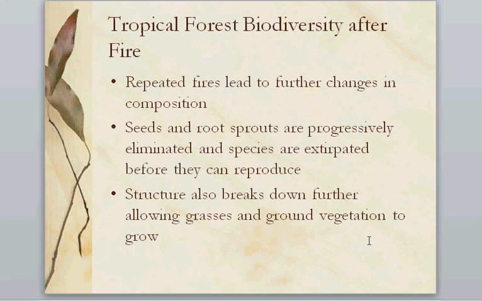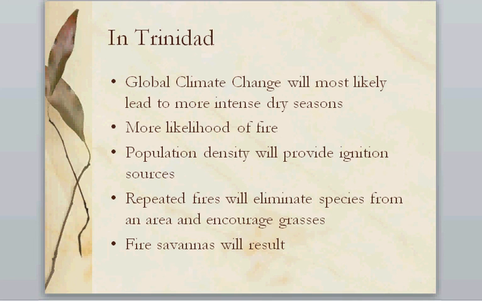So in Trinidad, what is going to happen in the future with fire? Well, we have one of the highest population densities of people in Trinidad, and with a large population density of people, there are more ignition sources, and more ignition sources means more likelihood of fire.